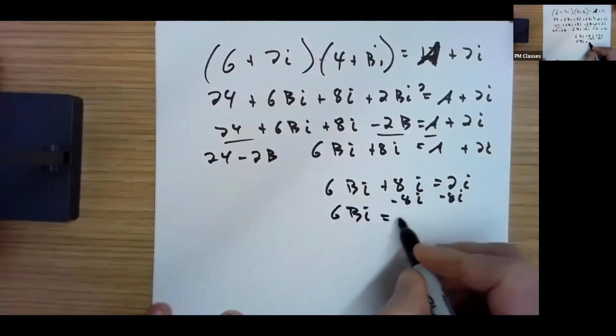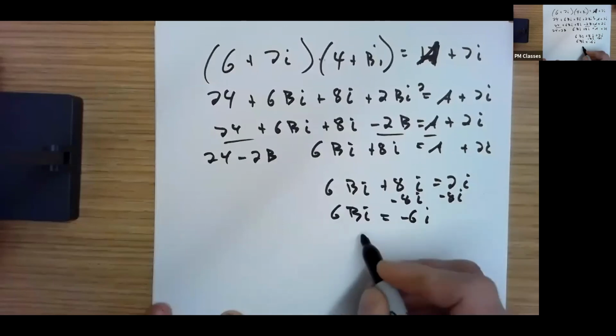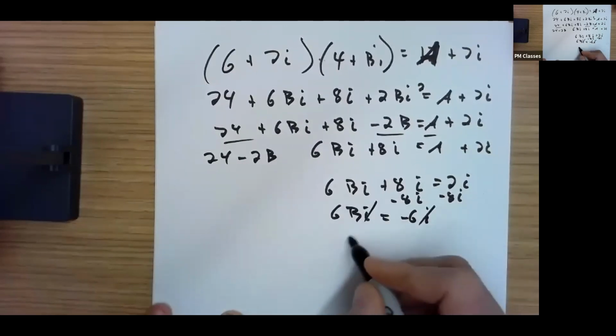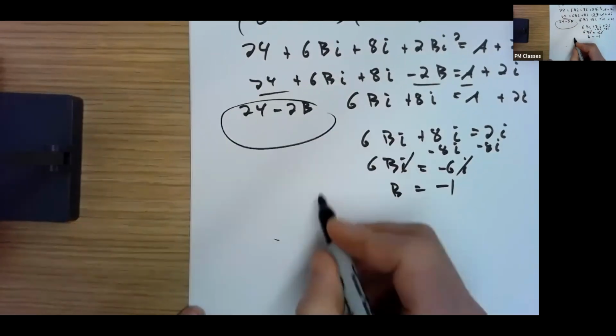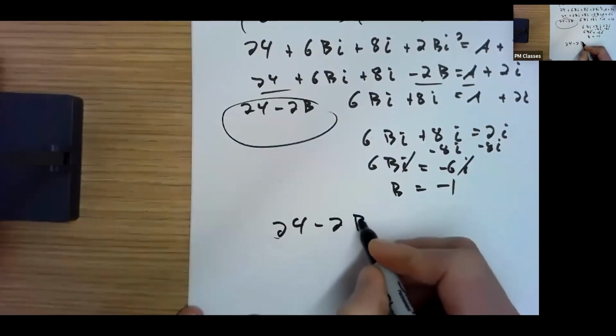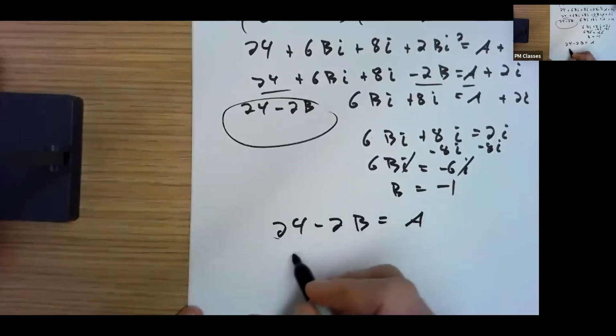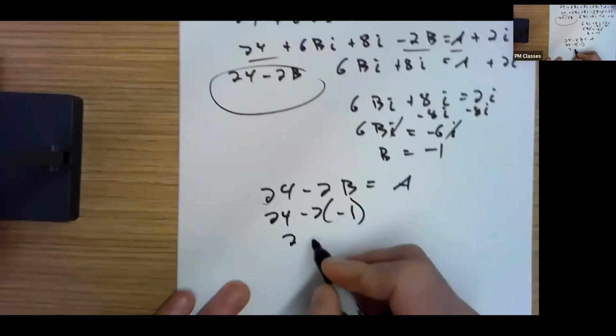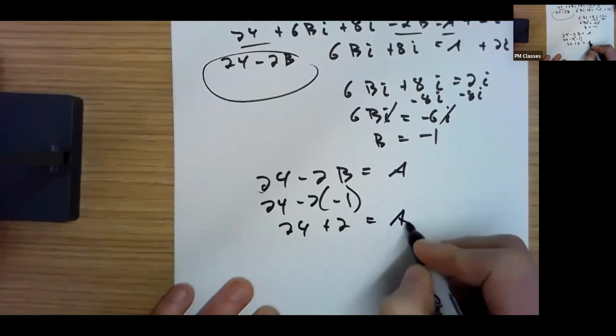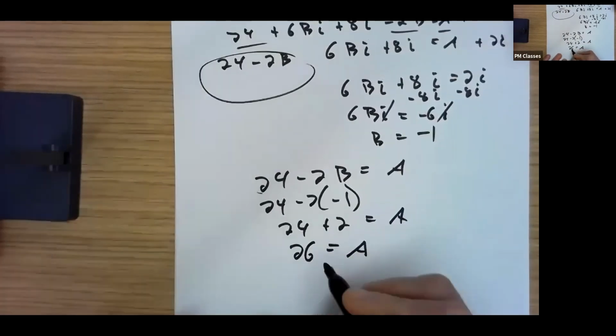Never know when you make these things up on the fly. So that means that b has to equal -1. Remarkable. And then over here, 24 minus 2b equals a. If b is -1, a equals 26.